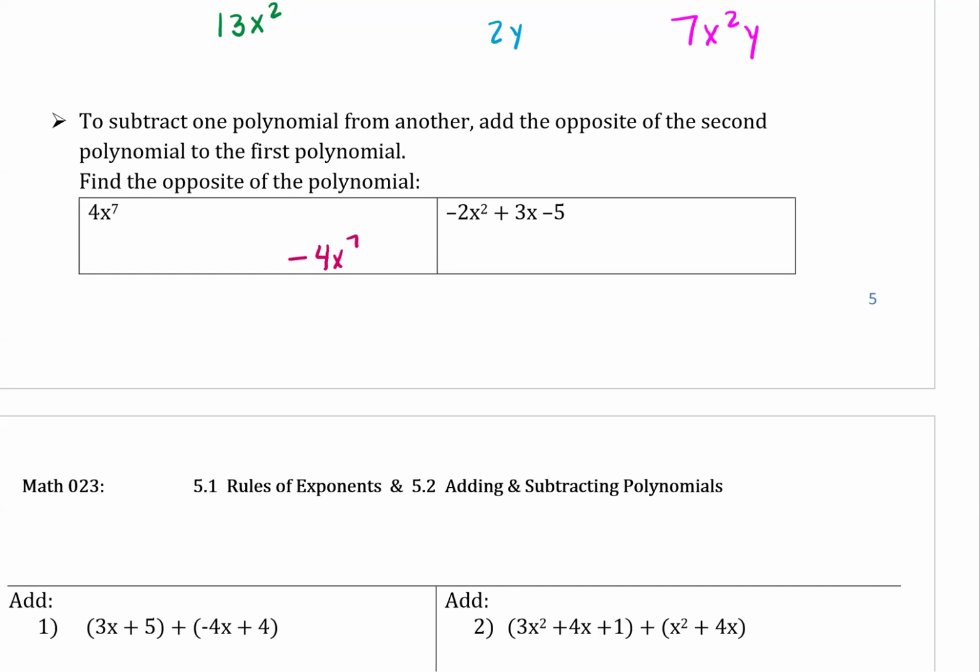If we want to find the opposite of this trinomial, this means we are taking the opposite of negative 2x squared plus 3x minus 5. That means you're going to change all the signs. So the opposite would be a positive 2x squared minus 3x plus 5.